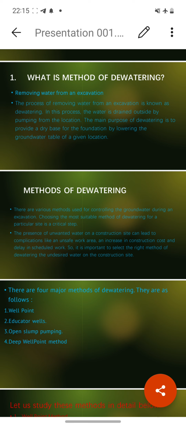So, it is important to select the right method of dewatering to deal with undesired water on the construction site.